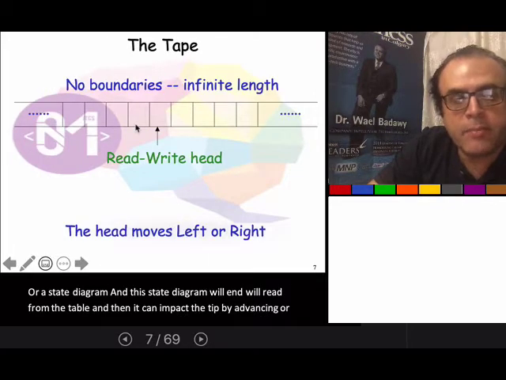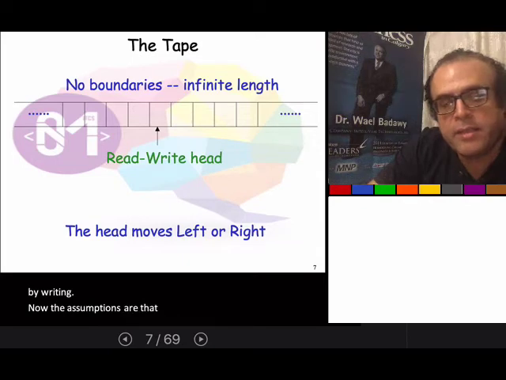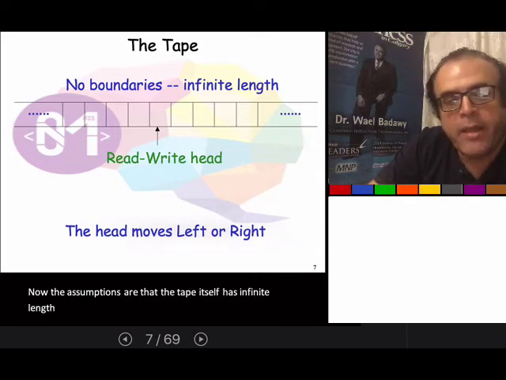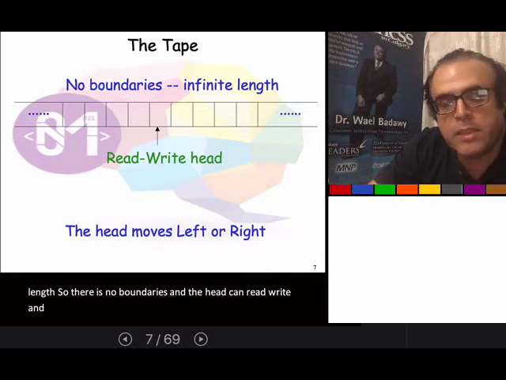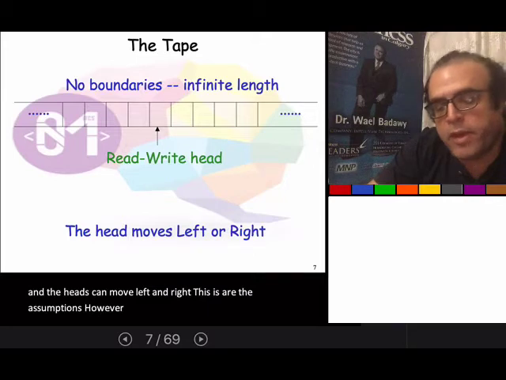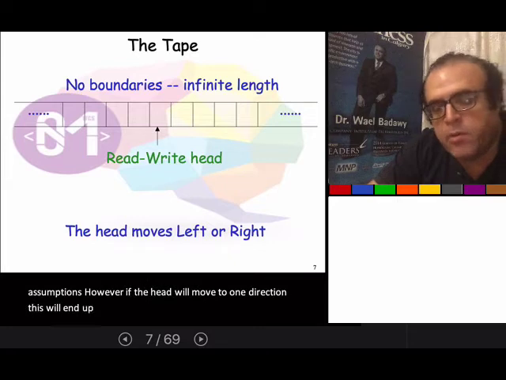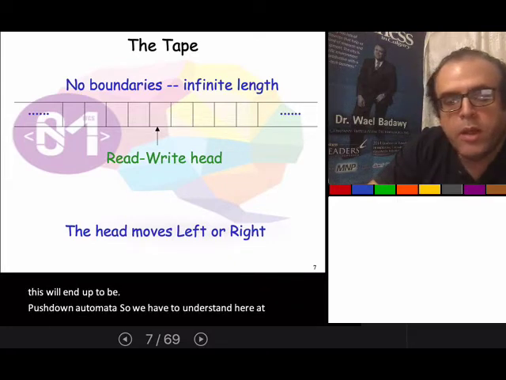The assumptions are that the tape itself has infinite length, so there are no boundaries, and the head can read and write, and the head can move left and right. However, if the head can move in only one direction, this ends up being a pushdown automaton.